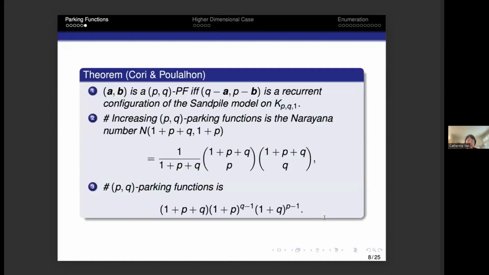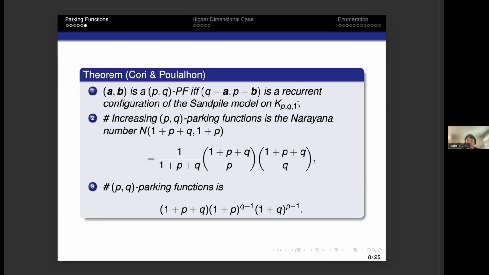Maybe a question is where this definition comes from. Corey and Polahon proved that such a parking function is actually a recurrent configuration of the sandpile model on K_{P,Q,1}, where K_{P,Q,1} is a complete bipartite graph on P and Q vertices, in addition having a root which connects to all the vertices.